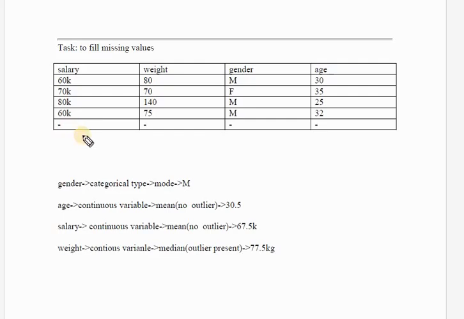In the salary column, if there is no outlier, we can go for the mean. But wait, there is an outlier, 140, present over here, so do not go for the mean, go with the median. Gender is categorical, so go with the mode, the most frequent value, which is male. So fill the missing value with male. For age, there is no outlier, so go with the mean, which is 30.5.